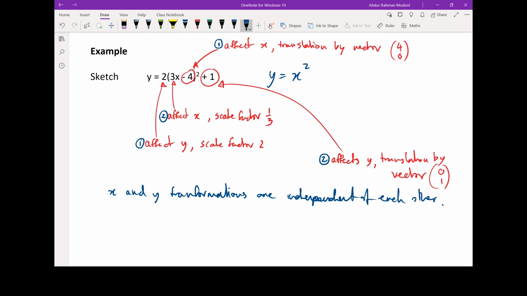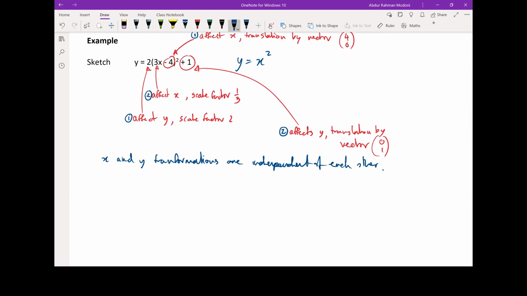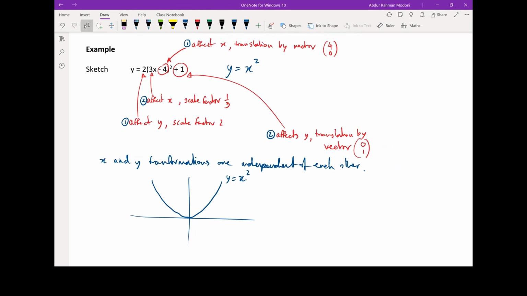So let's go and take a look at how we would apply this to the original x squared. Let's draw a sketch of the original x squared. It would simply look like that. And let's go and apply each of these transformations. I'm going to apply the x transformations first. So I'm going to do the translation first by vector (4, 0).